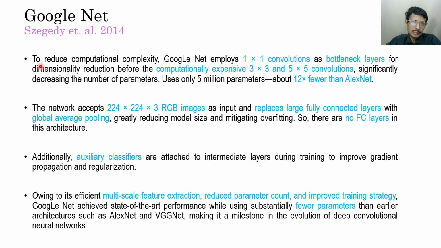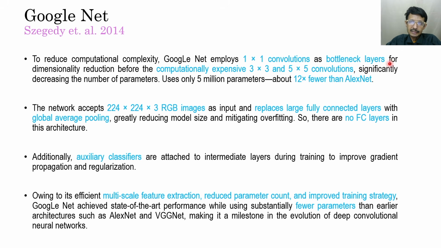Another important aspect of GoogleNet is that it reduces computational complexity, because if you use the inception module, the complexity becomes very high. To reduce it, GoogleNet employs a 1x1 convolution as a bottleneck layer. I will come later in detail to how 1x1 convolutions are useful to reduce the complexity.